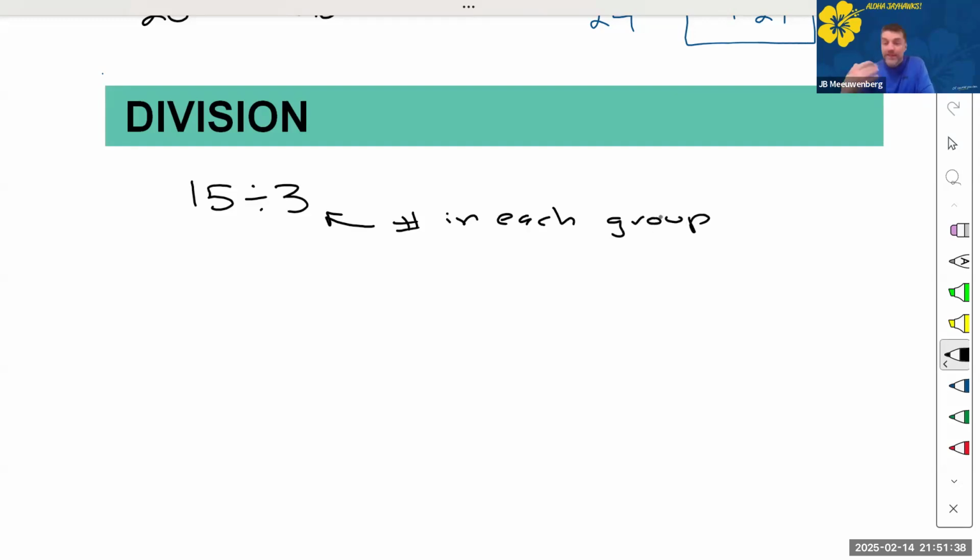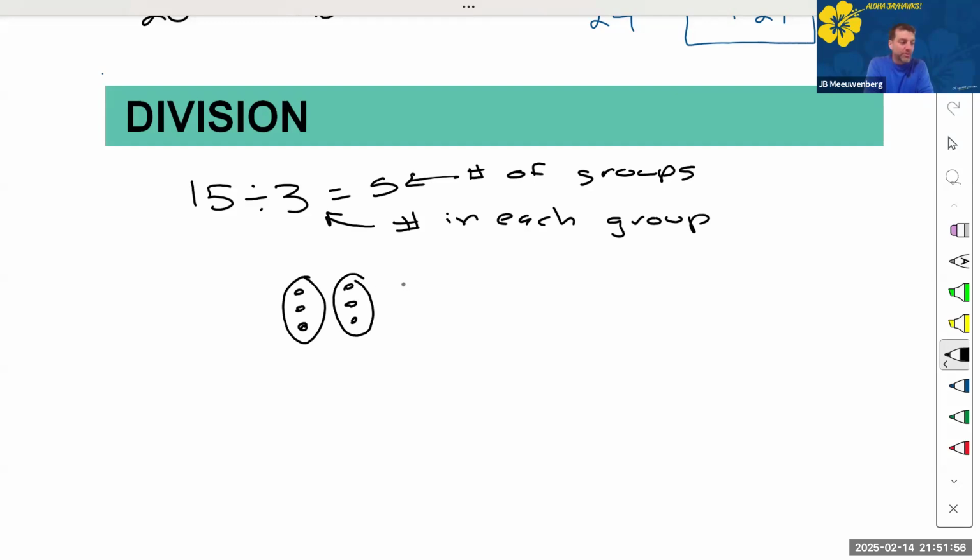And the quotient, the answer of 5, told us the number of groups. So if we just keep taking 3 away from 15, we've exhausted our 15, and we come up with 1, 2, 3, 4, 5 groups. That's how we view that measurement or subtractive concept.